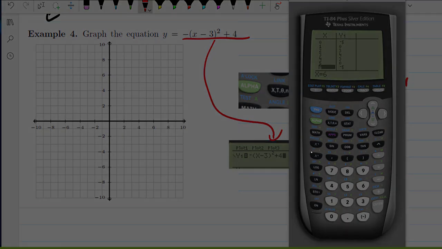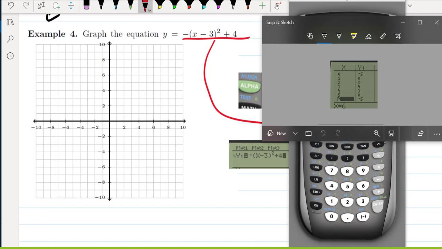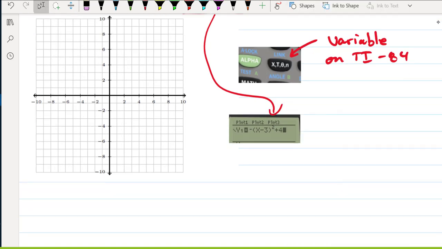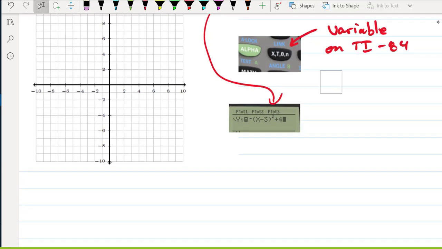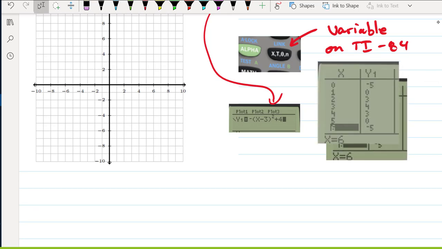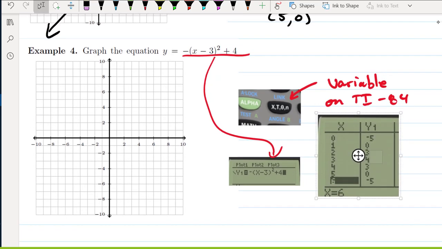In fact, it has enough ordered pairs for me to specifically graph this function. So I've got my table of ordered pairs. So the first one that I would need is if I look at the first row, I have x is 0 and y is negative 5. So I go to 0 and down to negative 5.